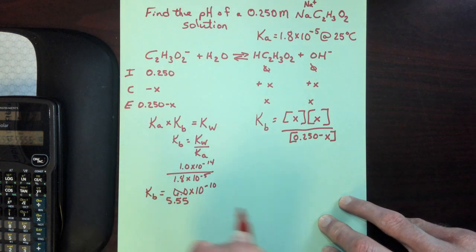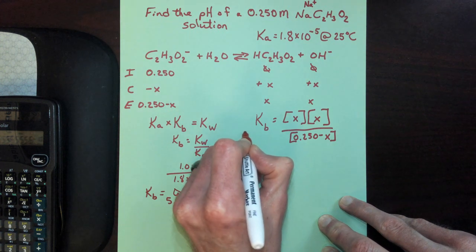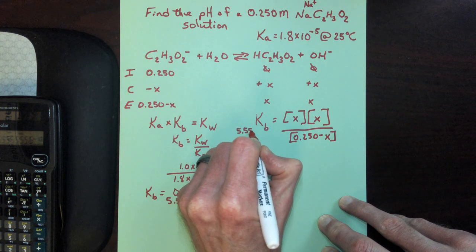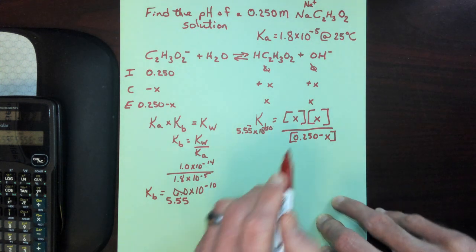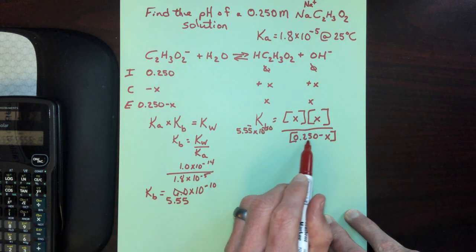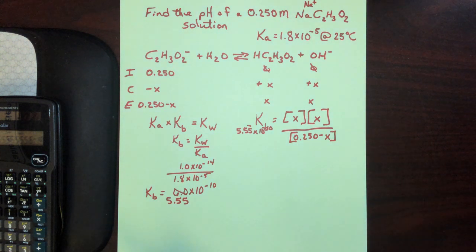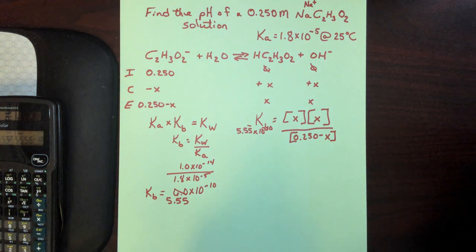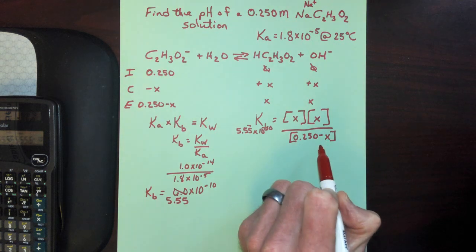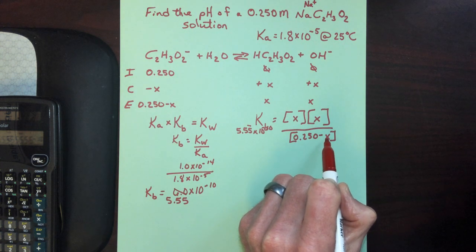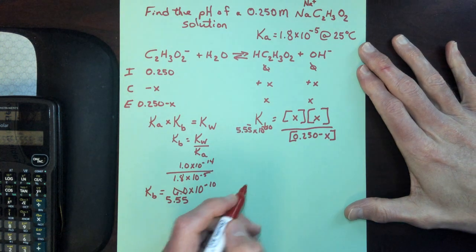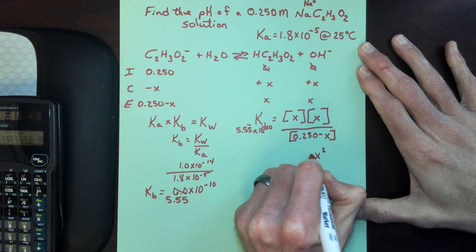Now we're going to put in Kb, 5.55 times 10 to the negative 10, is equal to x squared over 0.25 minus x. Now I'm going to do the 5% approximation on this so that I don't have to run the quadratic equation. I'm going to ignore this minus x and solve so that I can see what x is.